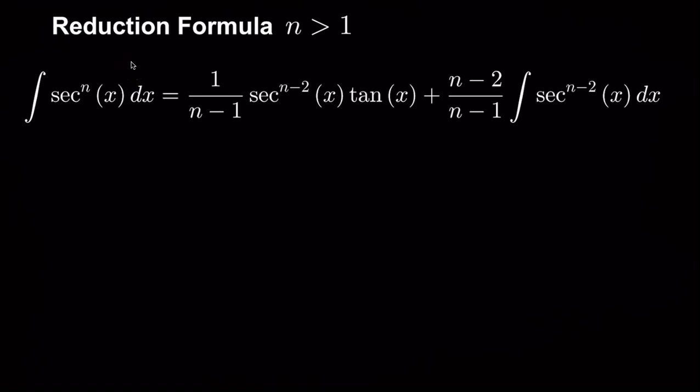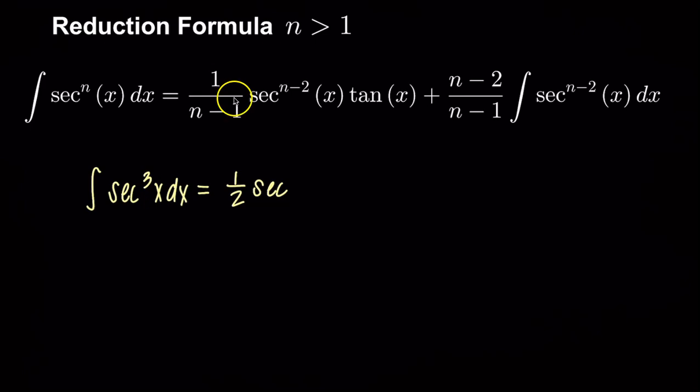Now I just want to briefly show there is a reduction formula for when n is greater than 1 if we want to integrate secant x raised to the nth power dx. So it's this big formula here. But let's just take a look at how it works if we did memorize it to do an integral like the one we just did, secant cubed x dx. All we need is that power of n, which is 3, and to substitute it into all the n's in this formula. So 1 over 3 minus 1 is 2, so 1/2.